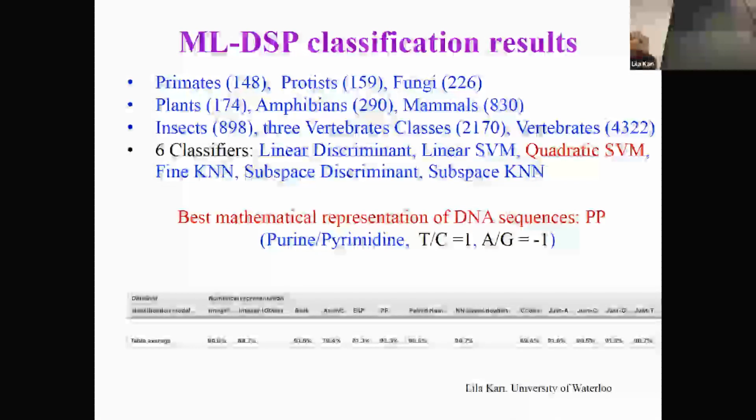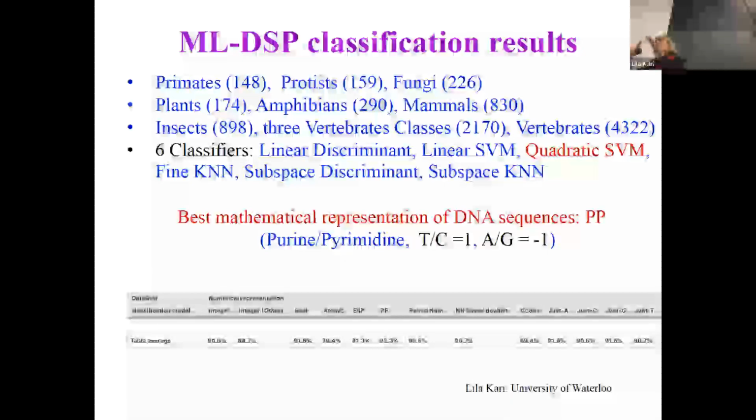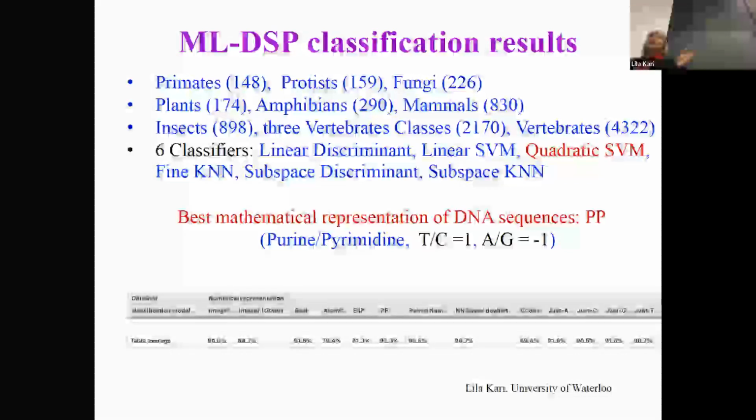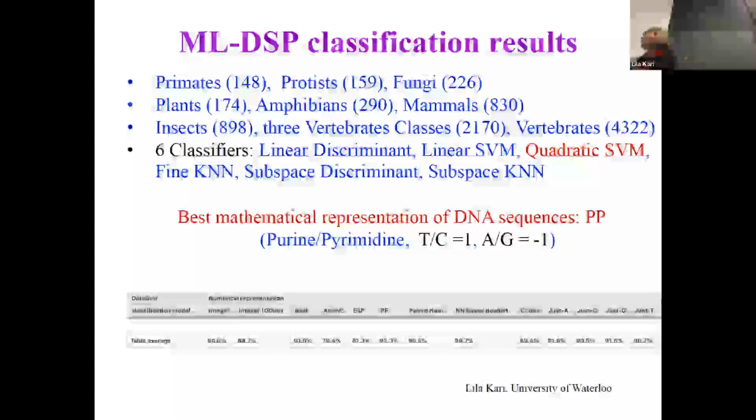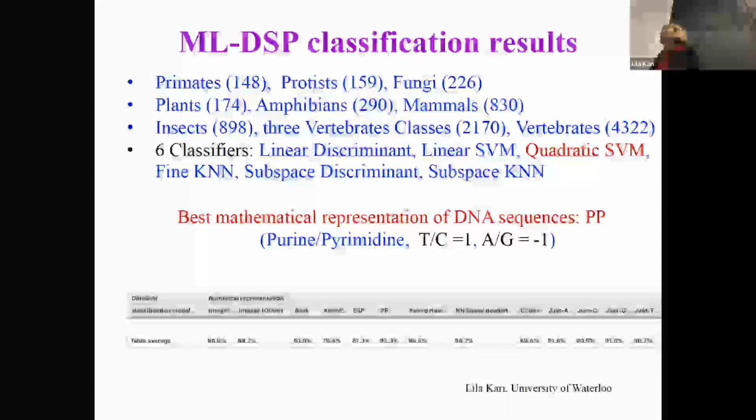Maybe because you still remember some positional values, where everything is, you don't just count. Maybe the position where A is matters more than everything else. Maybe for other data sets, it doesn't work. But for this one, we still don't know why this representation that loses so much information works, but it works.